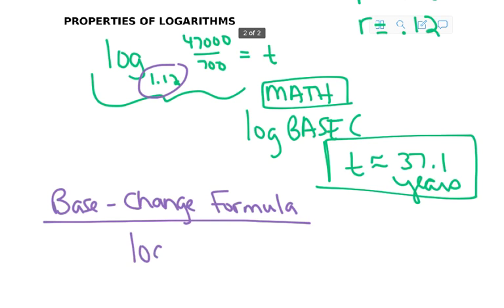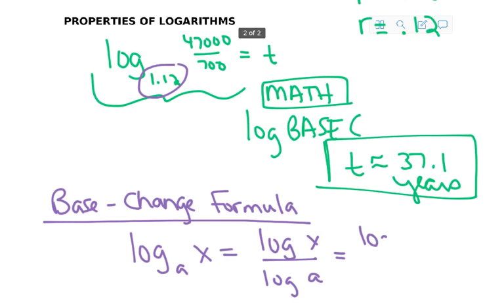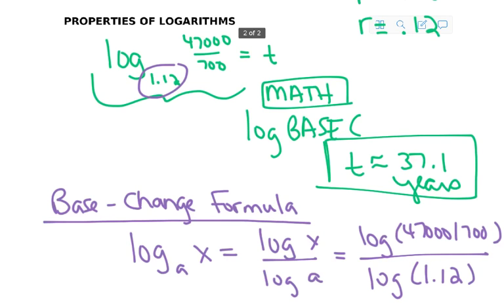So the way it works is the log base A of x can be rewritten as the log of x over the log of A, and then you can just shove it in your calculator. So in our particular problem, it's going to be the log of 47,000 over 700 divided by the log of 1.12. And if you do that in your calculator, you should get the exact same answer that we got by using log base.